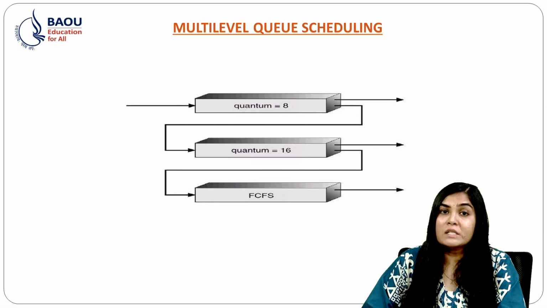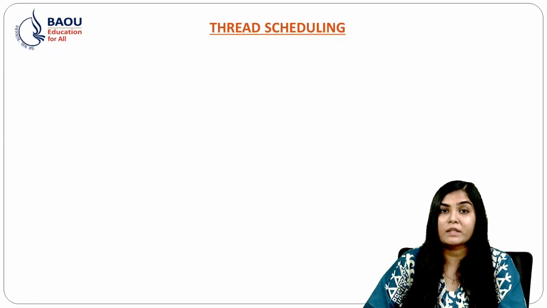If not finished in 8 milliseconds, it is moved to Q1. At Q1, the job is again served by FCFS and receives 16 milliseconds. If it is not completed, then it is preempted and moved to Q2, where it is served in FCFS order with any CPU cycles left over from Q0 and Q1.